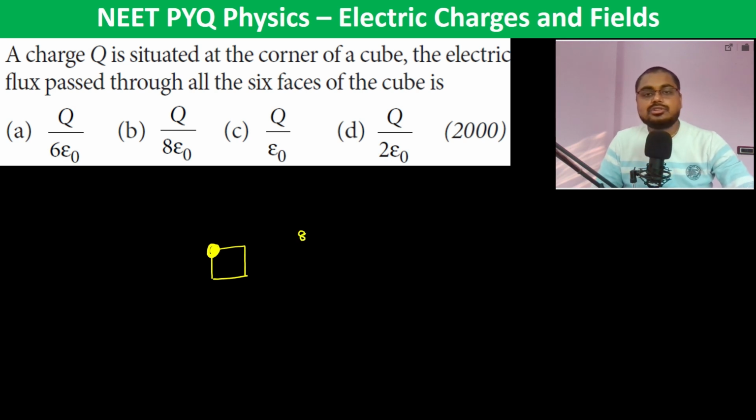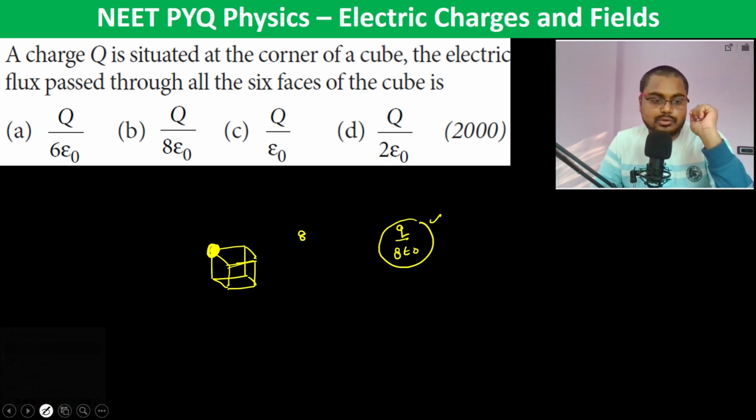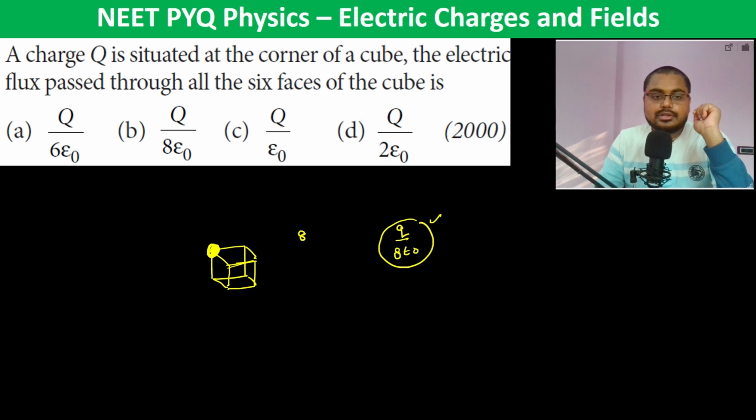So the flux through one cube is going to be q divided by 8 epsilon naught, and that flux is going to pass through the 6 faces of this cube. So the electric flux passing through all the 6 faces of the cube is going to be q by 8 epsilon naught. Thank you.